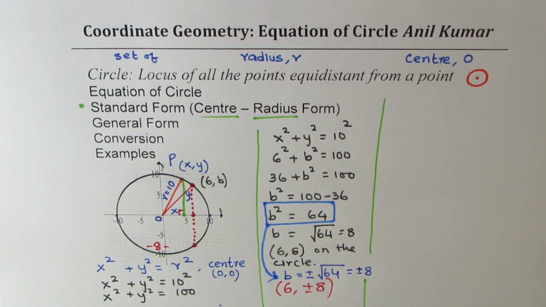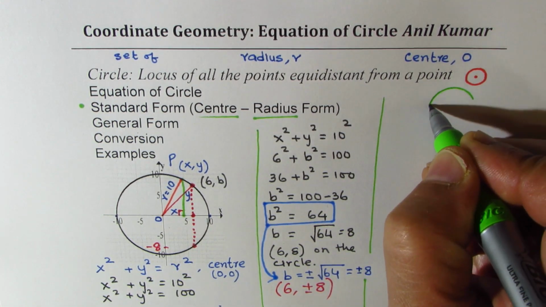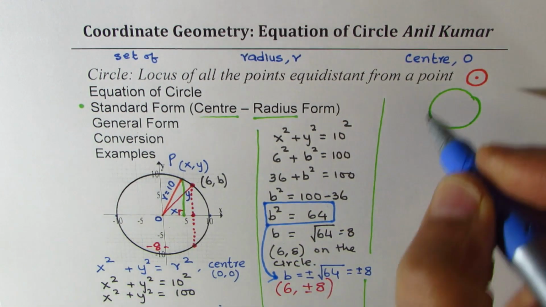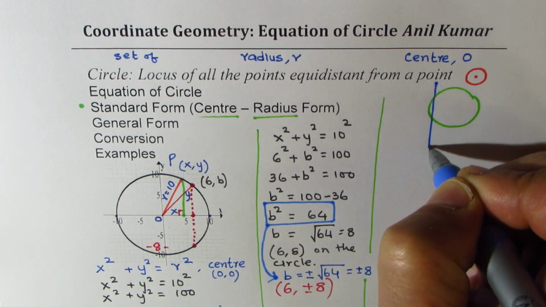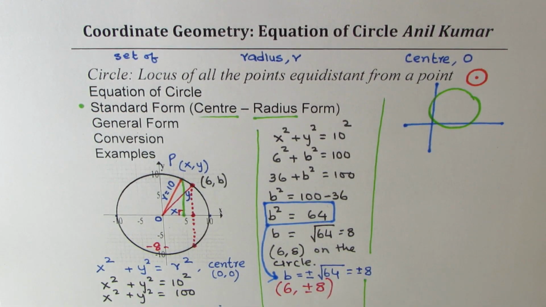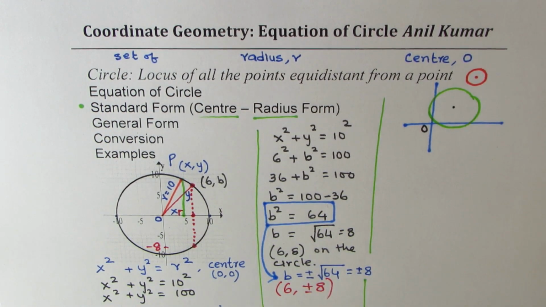Now let us move on to a general case. That is to say, let's consider a circle whose center is not at the origin. Okay, so let me draw a coordinate plane kind of like this. Now clearly the center is not at origin O, however it is somewhere there.